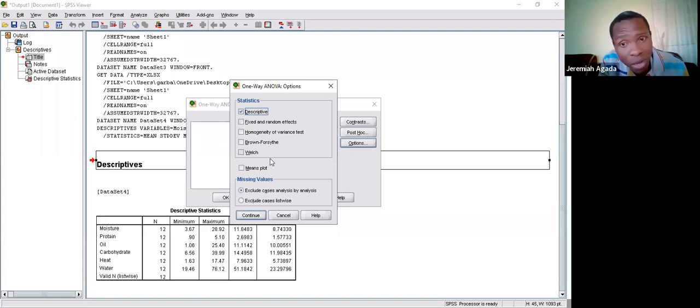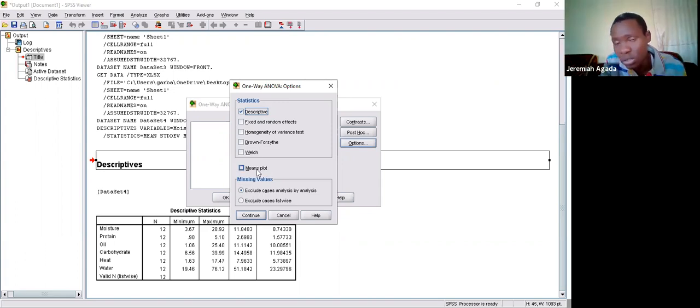But for ANOVA, you don't need them. Even the descriptive, you don't need it. Instead of going to do descriptive or case summary before you come to do ANOVA, you can escape that. Just come to ANOVA, and ANOVA will do descriptive. Even when you want to do chi-square, you can tell SPSS to give you your descriptive also. So you can escape that one and just go ahead with this one.